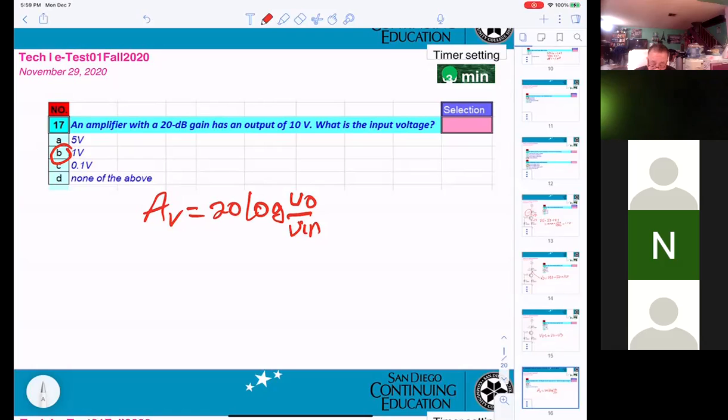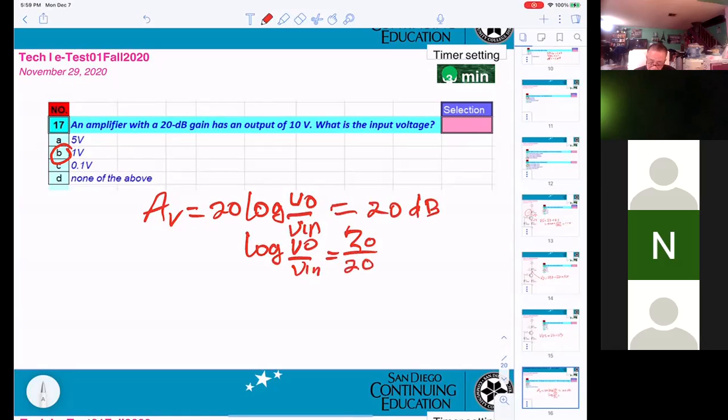And it equals how many? 20, right? Yes. So I take the log of Vout over Vin equals 20, equals 1.